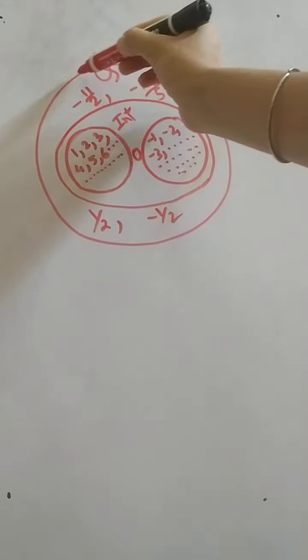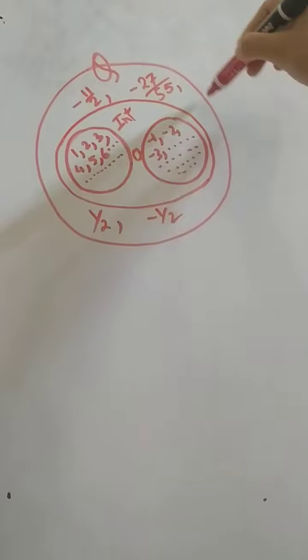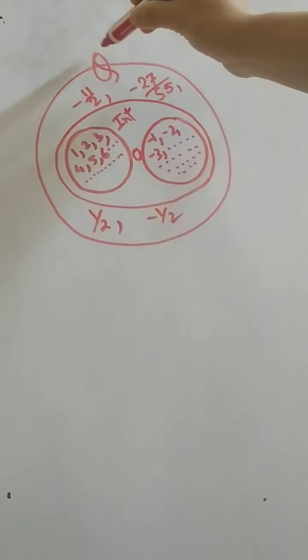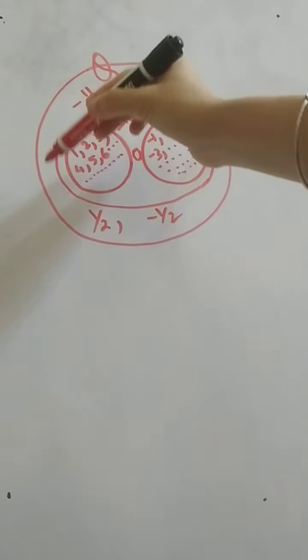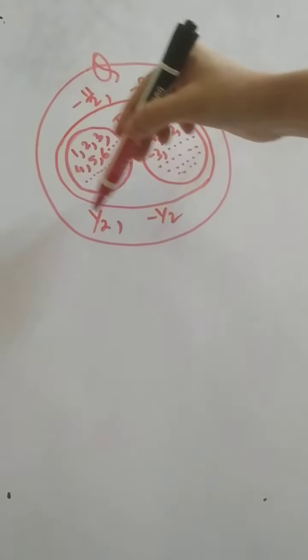So if I say this big circle is the set of rational numbers, then everything lying within this big circle is a rational number.